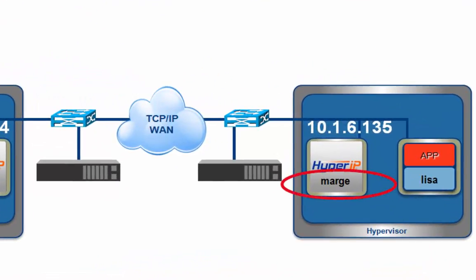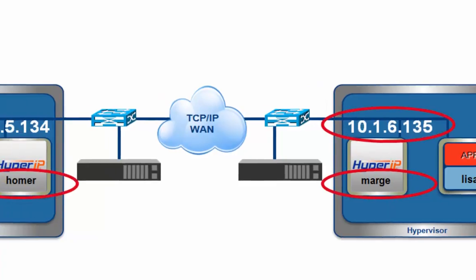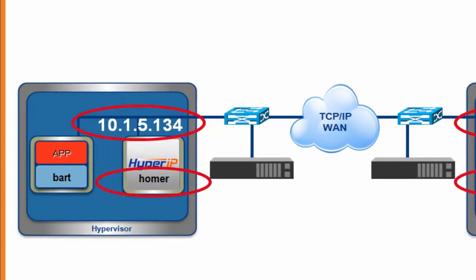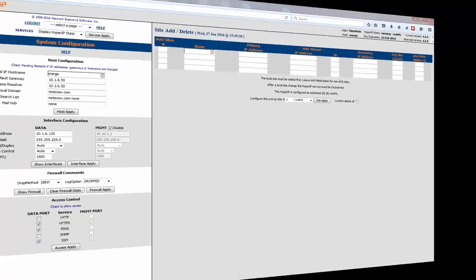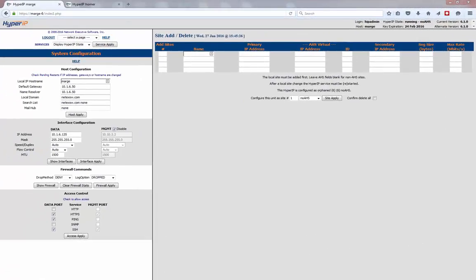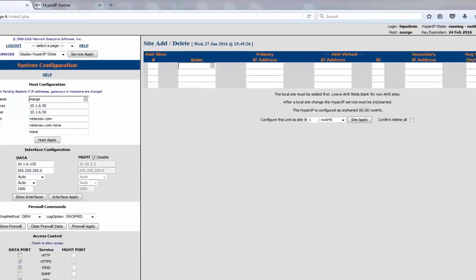The required information from your configuration worksheet is the site name and data port IP address for this HyperIP, the site name and data port IP address of the remote HyperIPs. Always enter the site information for the HyperIP being configured in the first line and each remote HyperIP or AHS site in the subsequent lines.